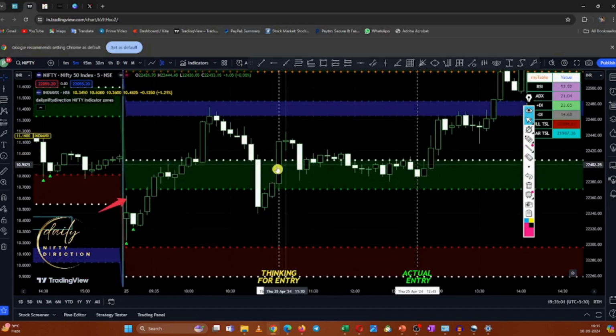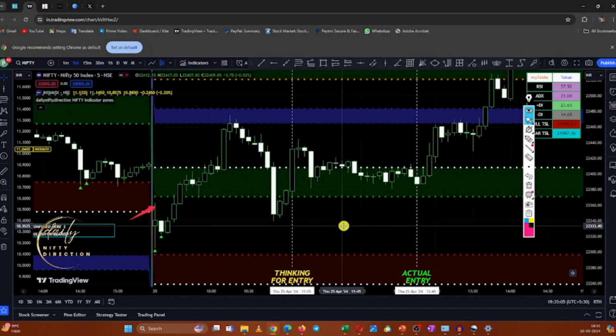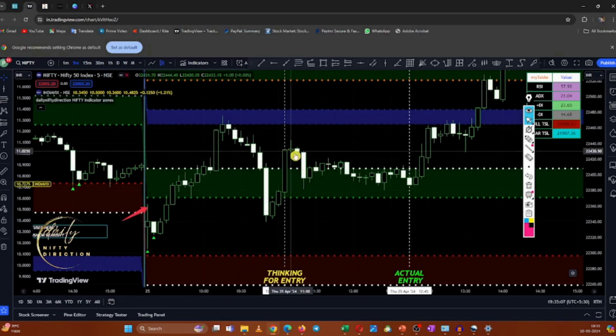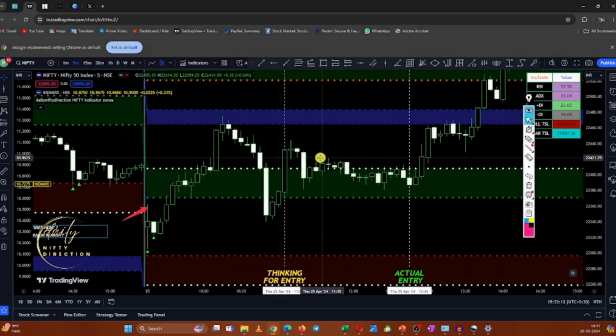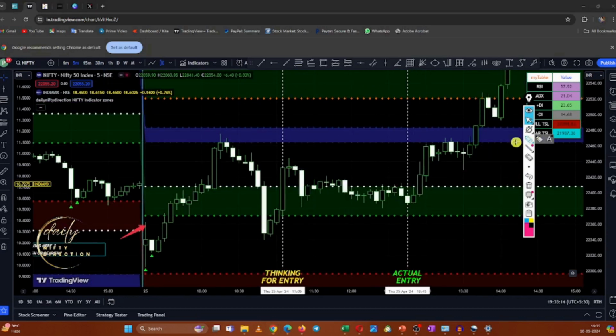Now what happens, guys? You shifted your thinking for entry here, and again it came into your zone, and here you got your confirmation on this particular candle that it is going to go up, right?